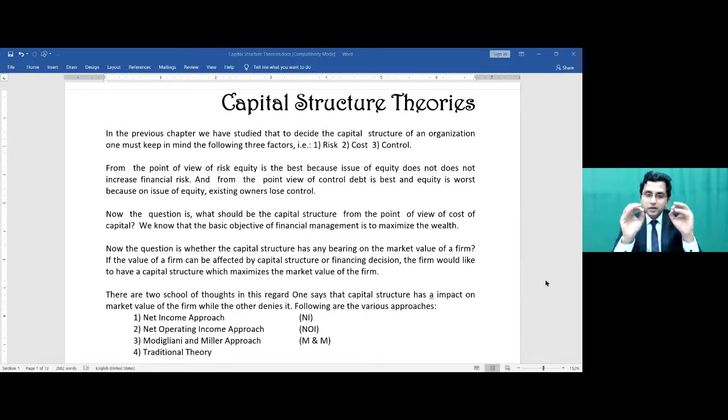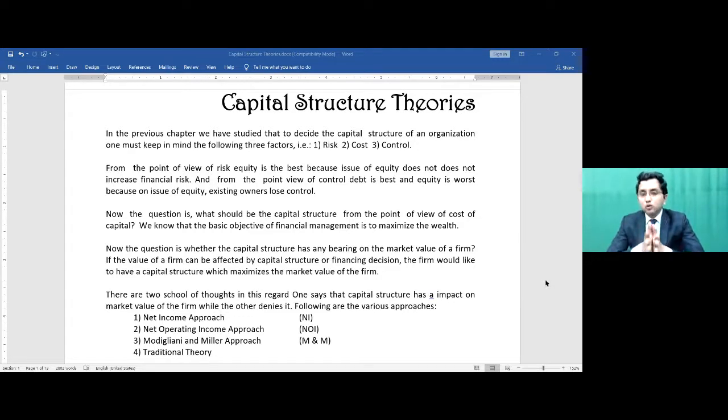Now the capital structure theories topic is discussing this particular fact only: does it really affect the cost of capital if I change my capital structure? Various experts have various opinions on this matter.